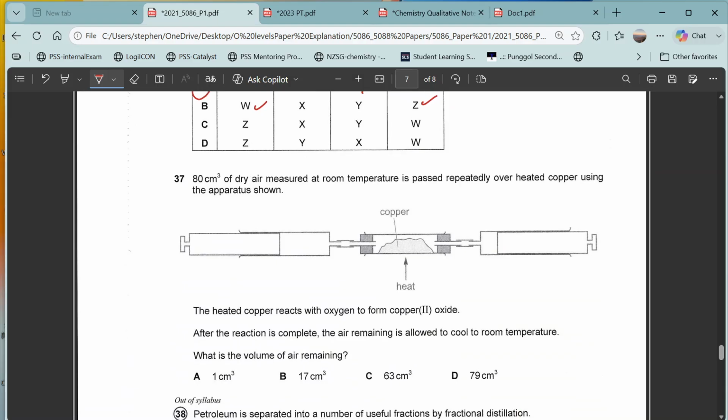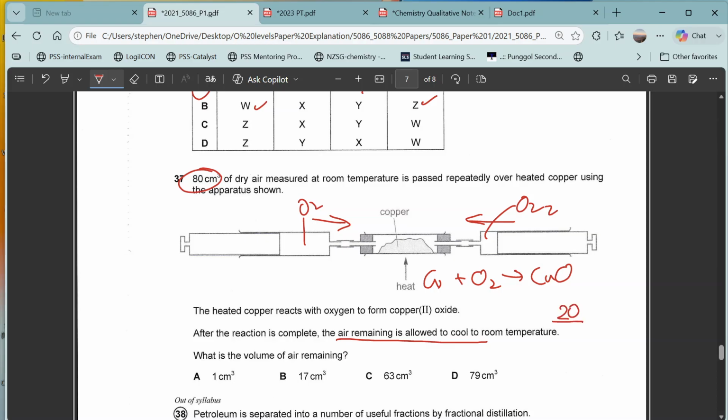37. Oh, I saw what's given to you. 80. And what this means is, you push the piston right and left, right and left. So all the oxygen here is used up after some time. So copper will react with oxygen gas to give you copper oxide. Okay, that's what's happening. We know that the percentage of oxygen in air is about 21, right? 78, 21.